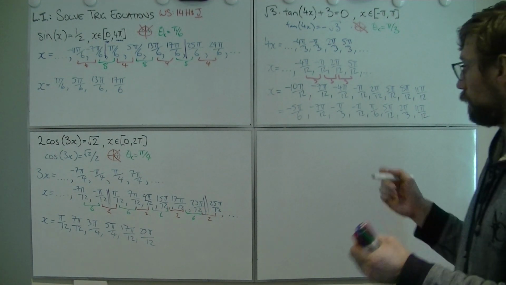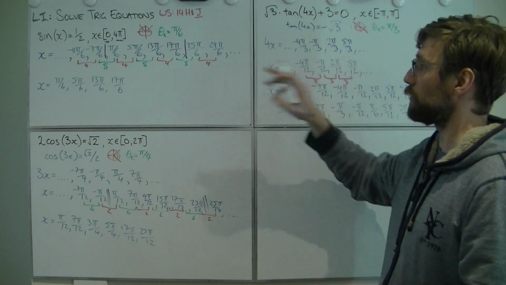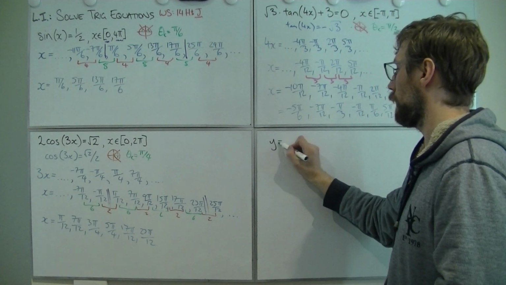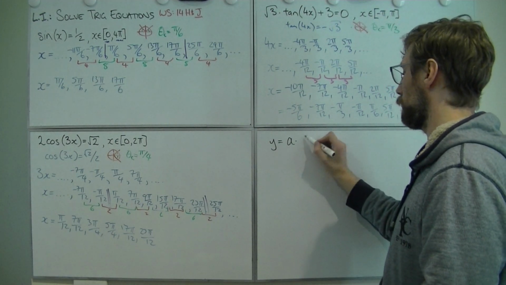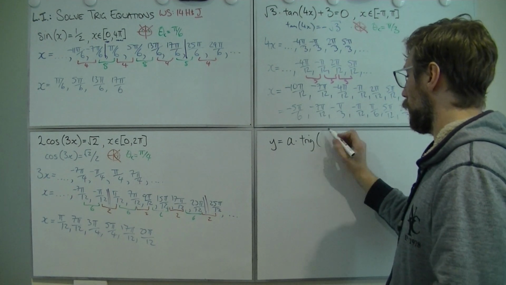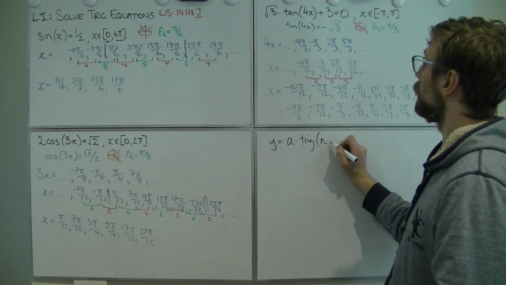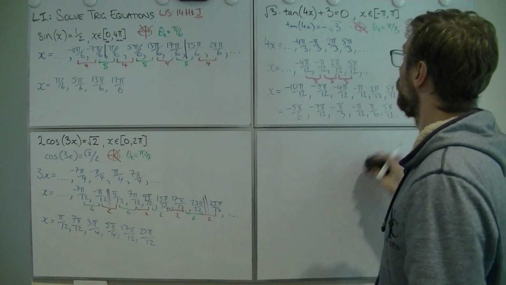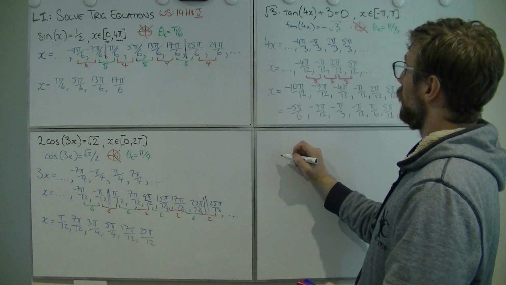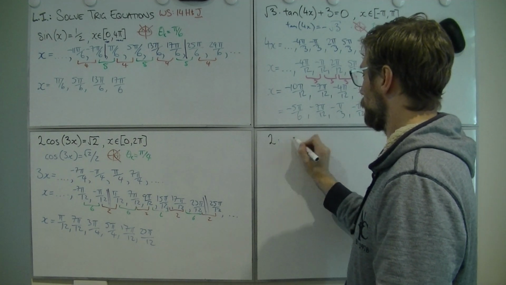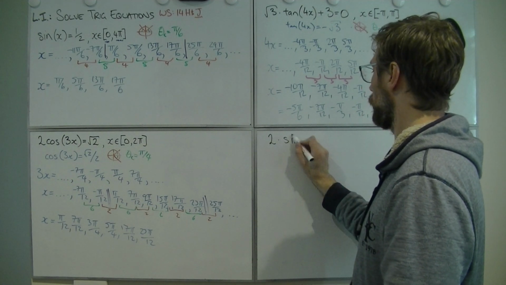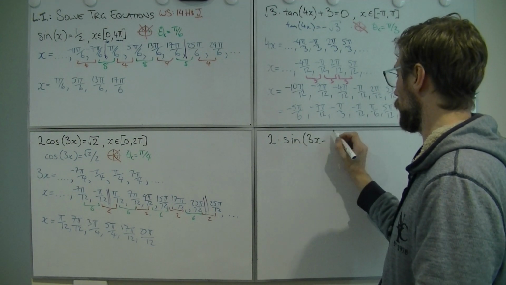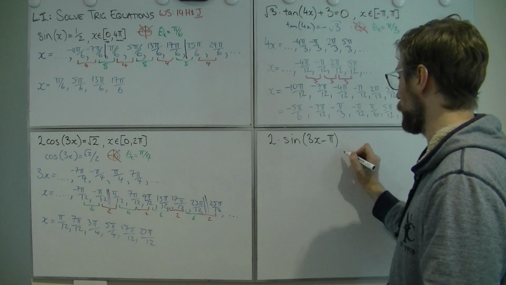So, like I said, for the 14H, it'll be nice simple ones like this. For 14J, you'll have A times some trig of something. Oh, we never did. We'll do one more example actually. 2 sine of 3x minus, let's say, a pi.